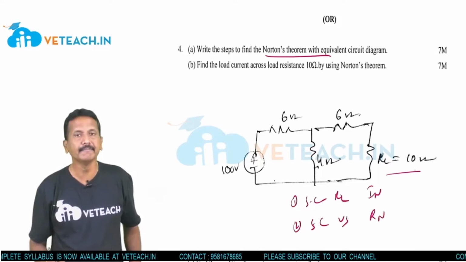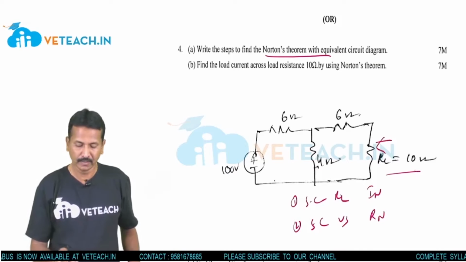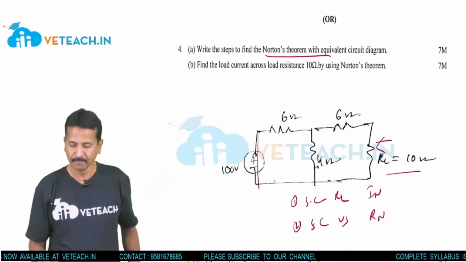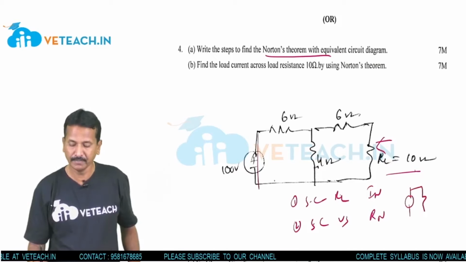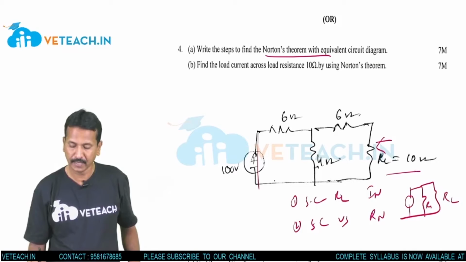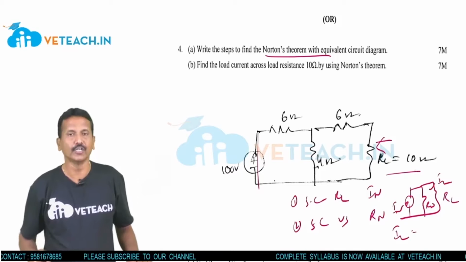Find RN. This one and this one like this. And draw the equivalent circuit diagram: RL, RN, IN, IL. And last, find the load current.